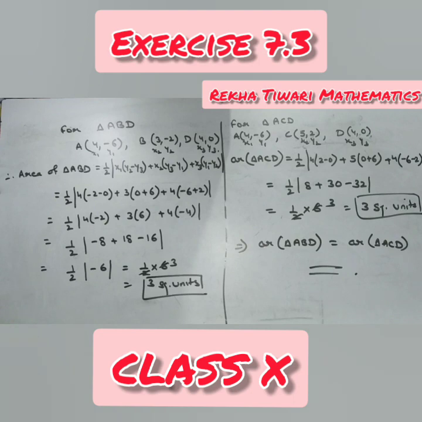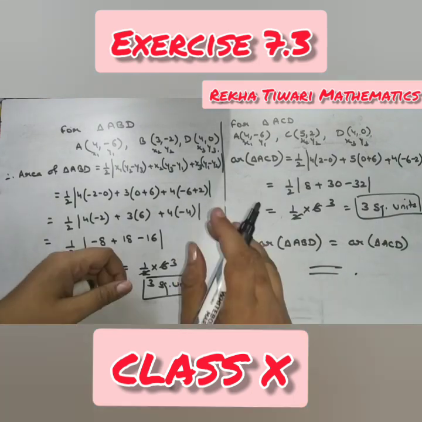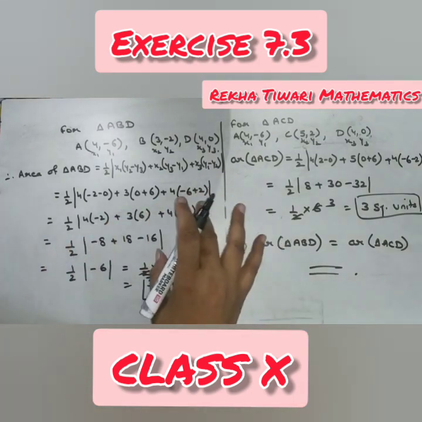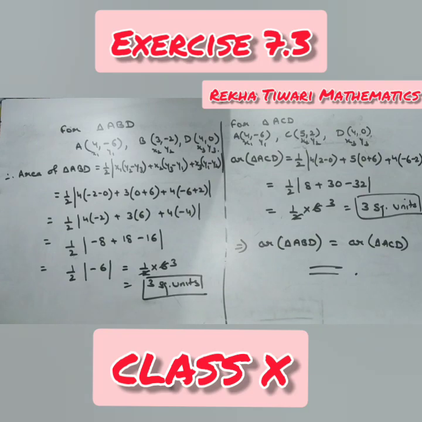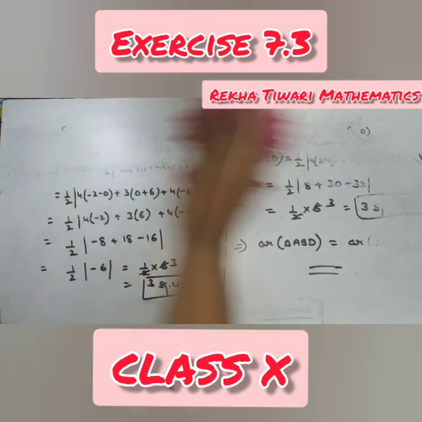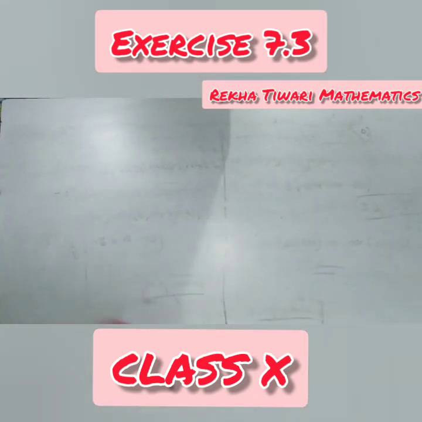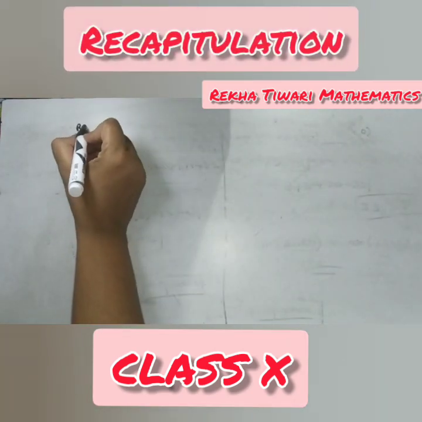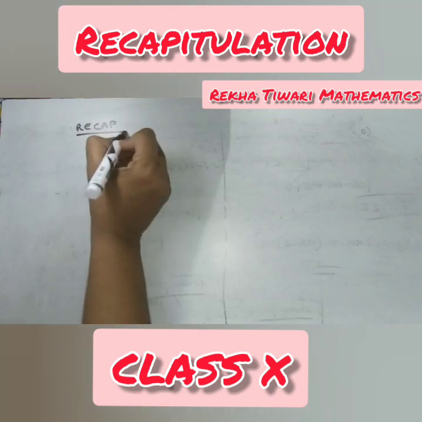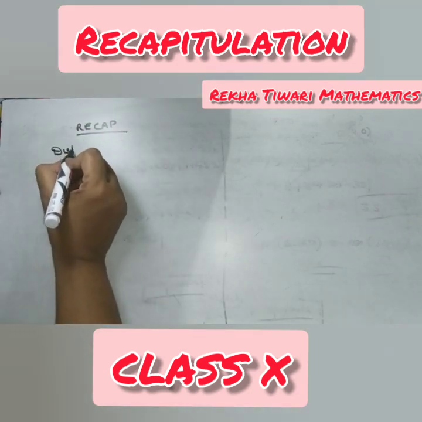In this way you have to solve the question, and with this question we have completed our exercise also. Okay, so in this chapter what we read, let us discuss first. Let me recap the concept. See, we have read 3 formulas. First is distance formula.